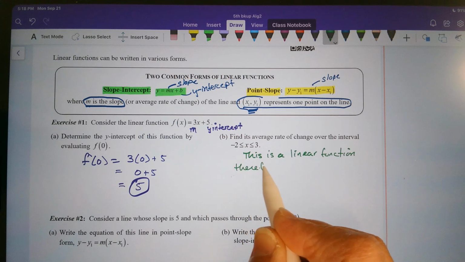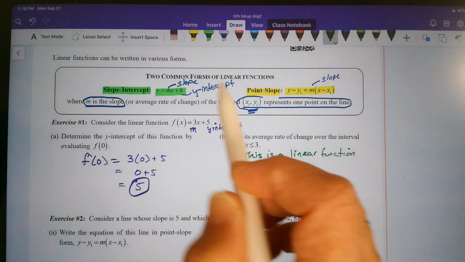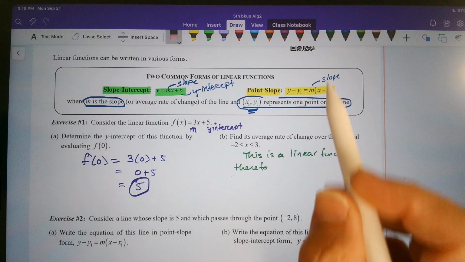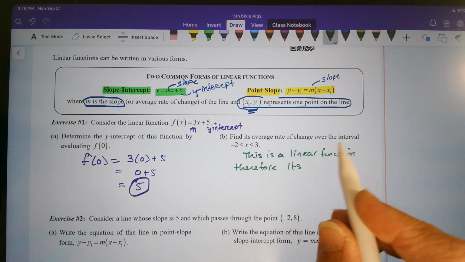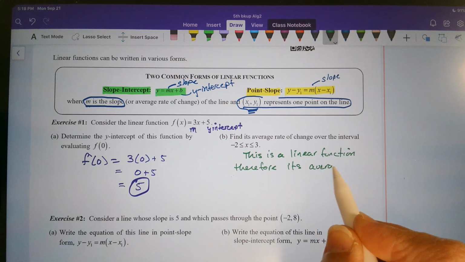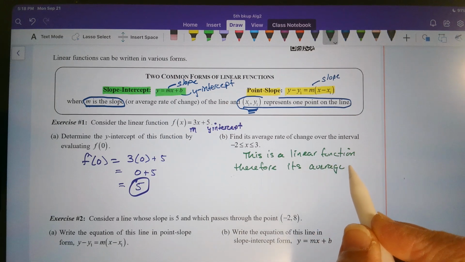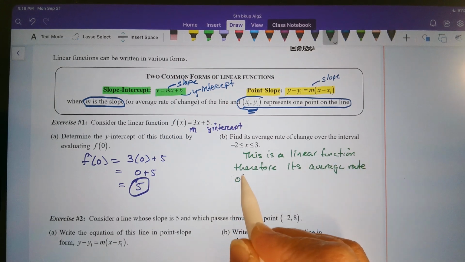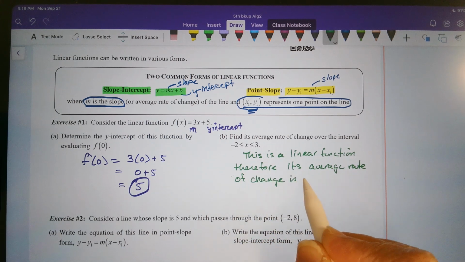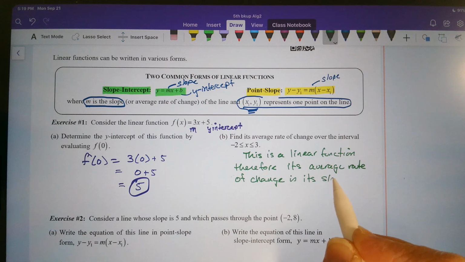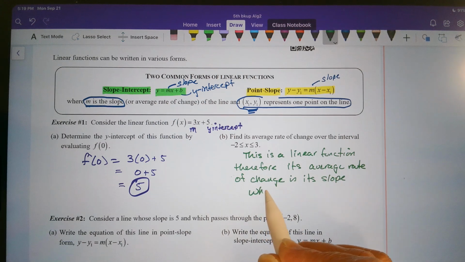Therefore, its average rate of change is its slope, which is 3.